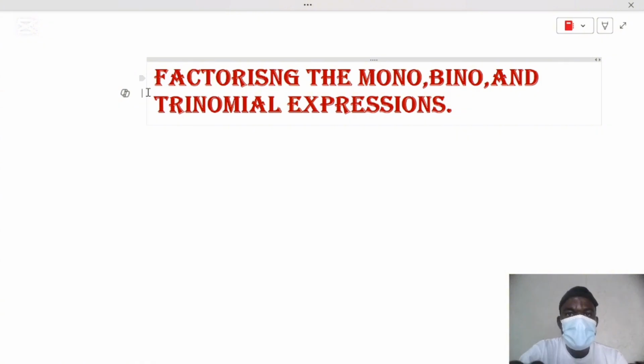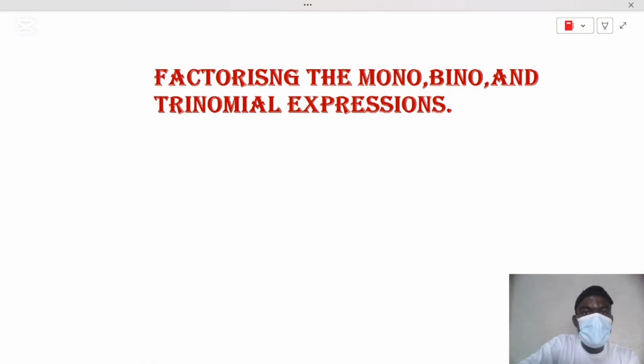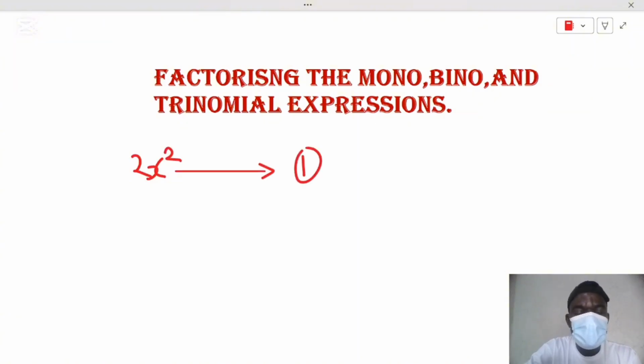Whenever you have a part like 2x squared alone, this is what you call a monomial, because it is made up of only one component.